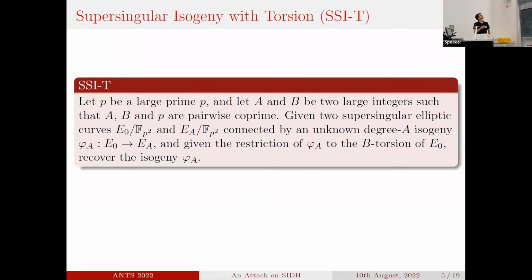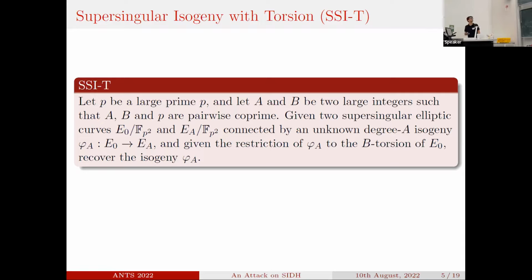Okay, so the security of SIDH is based on this problem, which we describe in a formal way. Let p be a large prime, and let A and B be two large integers such that A, B, and p are pairwise coprime.